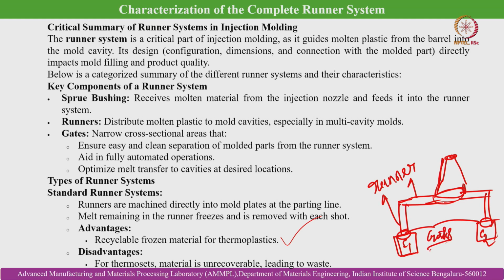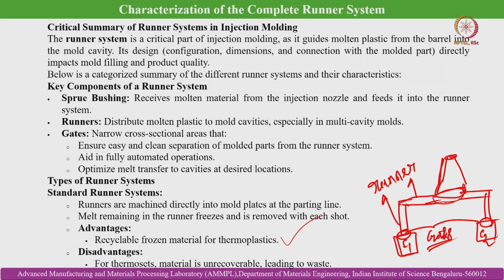These are the locations through which the plastic polymer melt, or polymer metal or polymer ceramic mixture, enters into the component cavity, and they are also responsible for ease of separation of the component from the component tree after molding. It also aids in fully automated operations and optimizing melt transfer to cavities at desired locations.